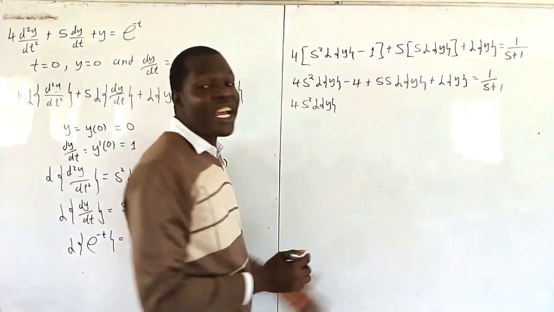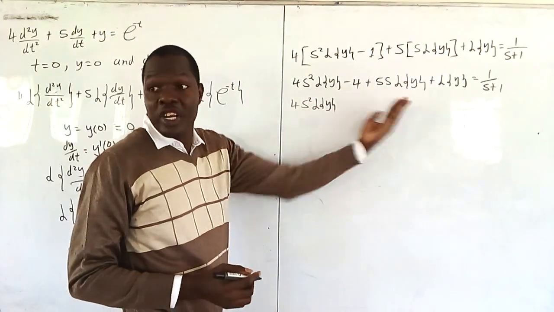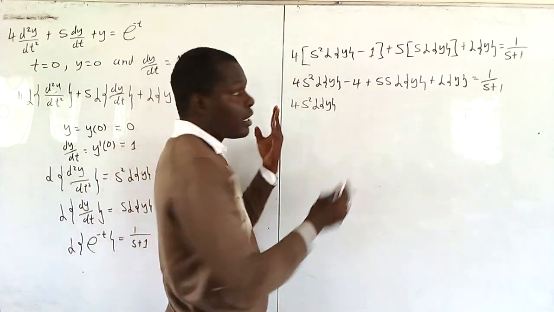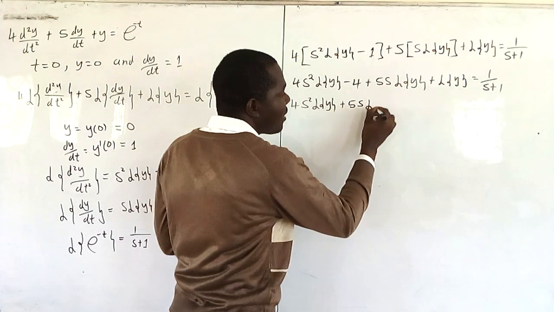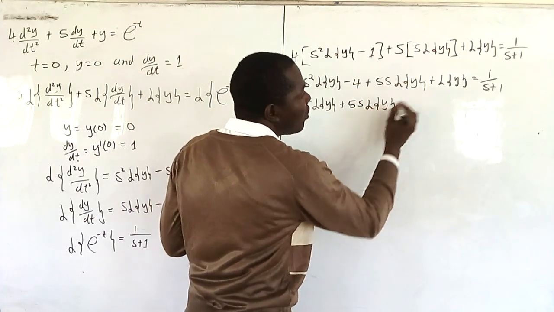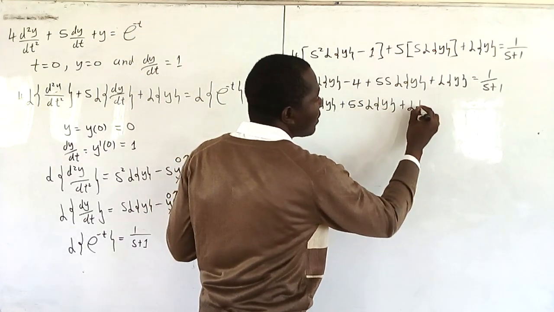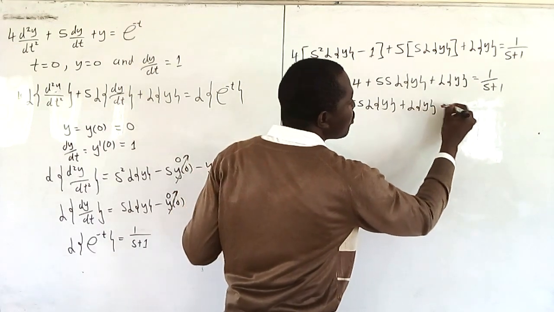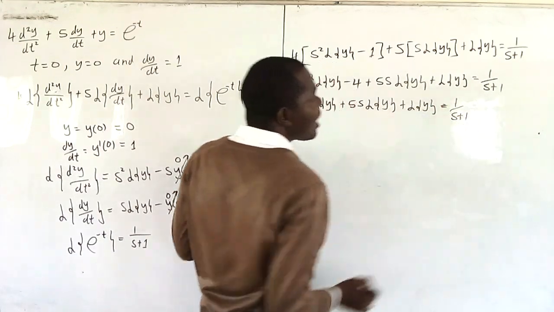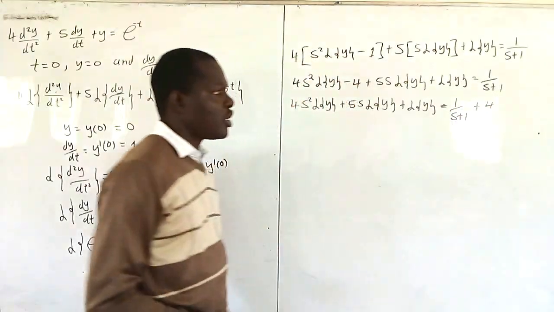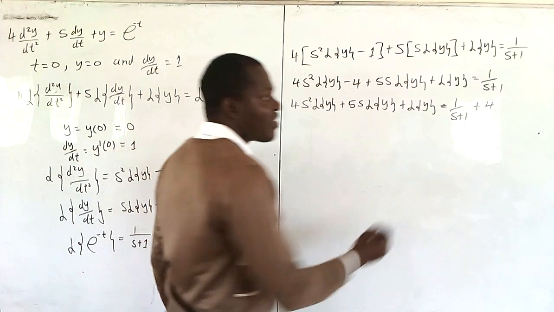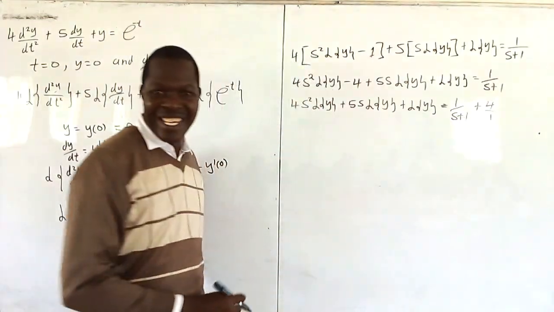You are collecting only the terms with the Laplace of y to remain on this side. Then plus 5s Laplace transform of y plus the Laplace transform of y is equal to 1 over s plus 1. Negative 4 going to the other side becomes positive 4, meaning on the other side of the equation we are going to look for the LCM.